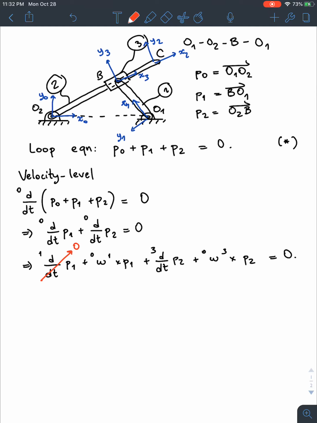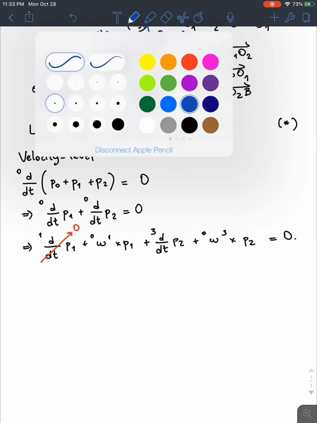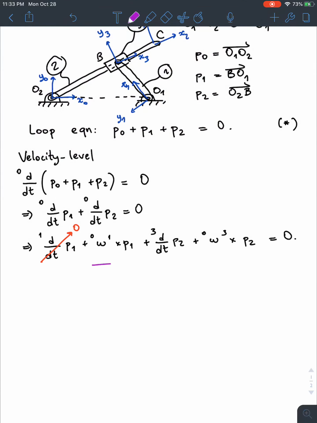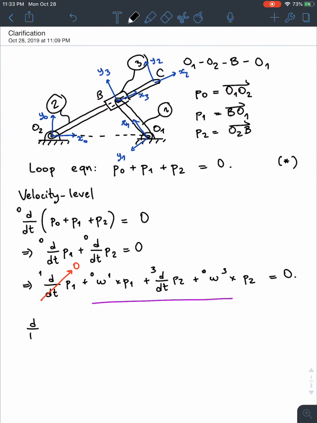And in particular, I want to concentrate our attention on this term here. So we went through this analysis in class, and it's not the important bit right now. What I'm going to do is concentrate on this term instead: d/dt in 3 of p2.